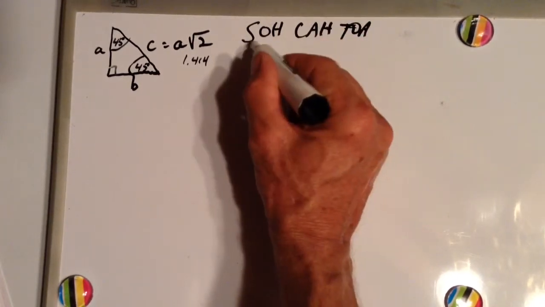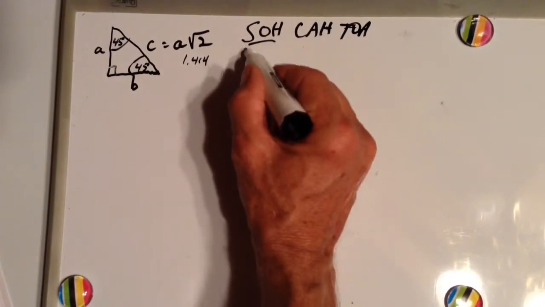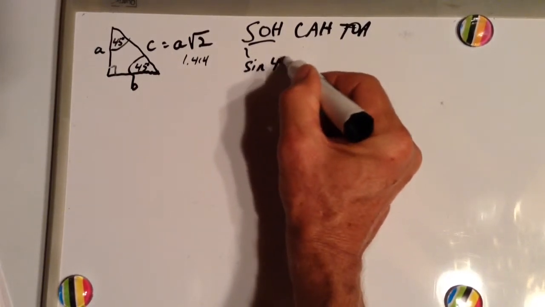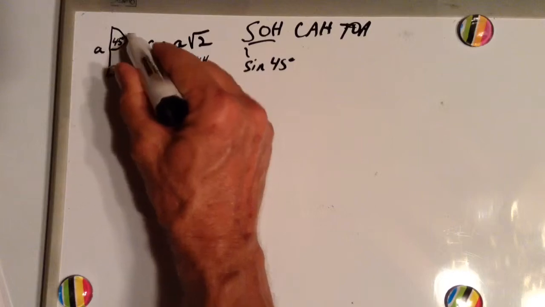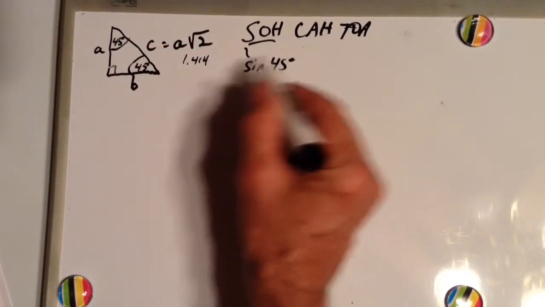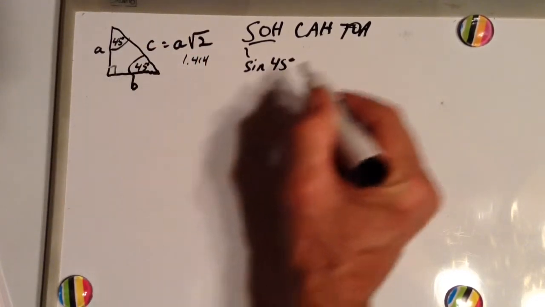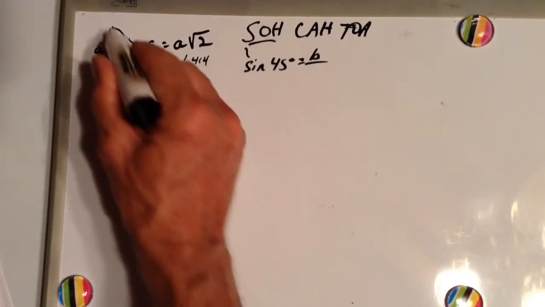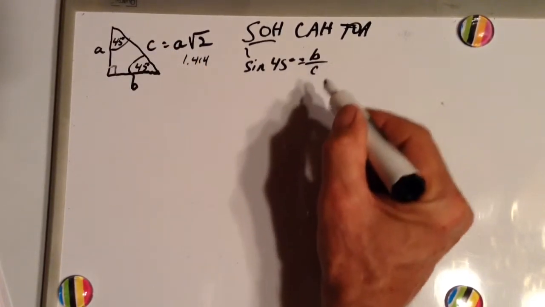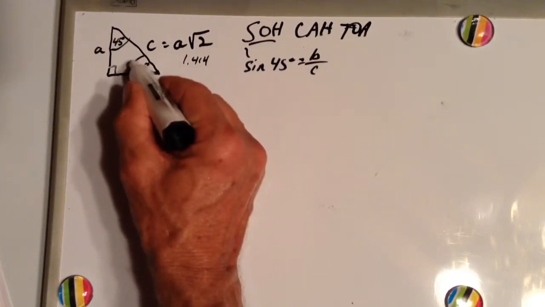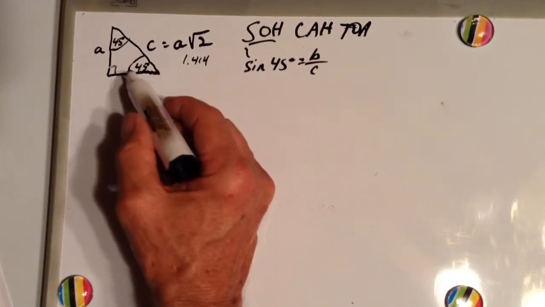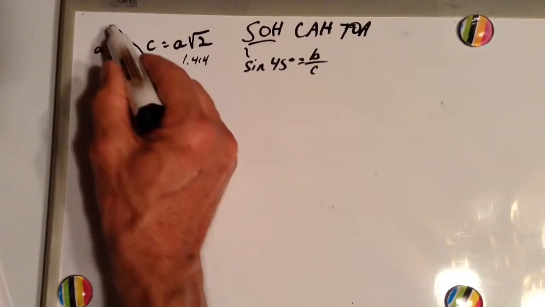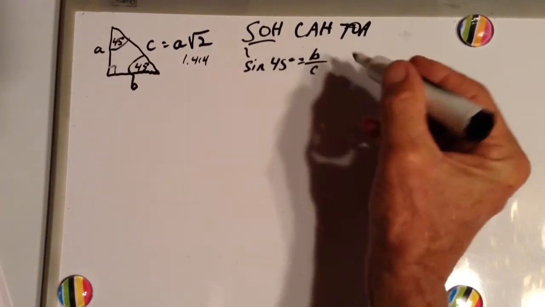The first 3 letters of his name tell us that the sine of an angle like 45 degrees is equal to the length of the opposite side, which is B, divided by the length of the hypotenuse, which is C. Or we could say the sine of this 45-degree angle equals the length of its opposite side, which is A, divided by the length of the hypotenuse, which is C.